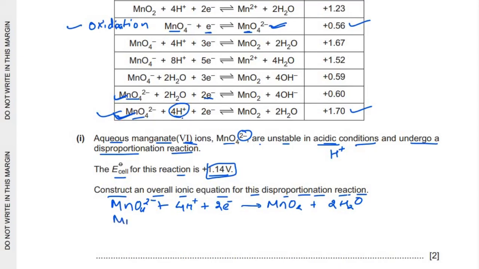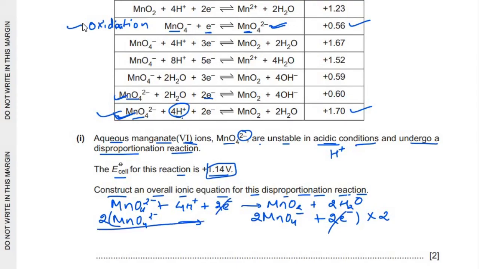So again MnO4 2- gives MnO4- plus electron. As I had discussed earlier also, we need to balance electrons to make an overall reaction. So in that case, we'll have to multiply this by 2. Multiplying this by 2 and then adding, here we get 2, here we get 2, and here also 2. So the 2 electrons get cancelled on both sides.